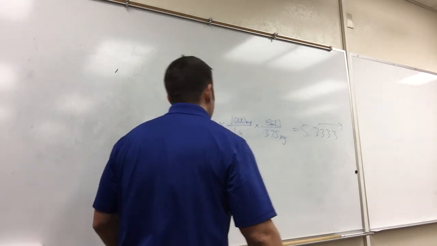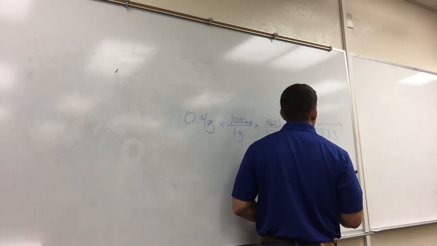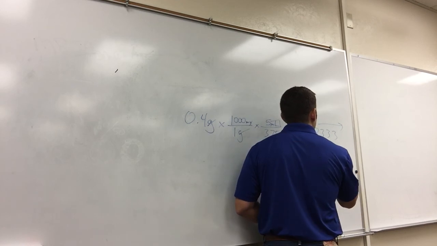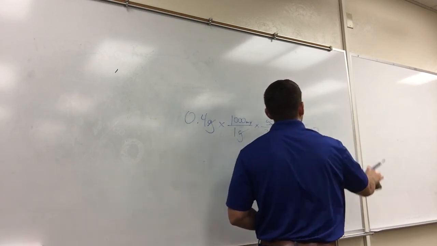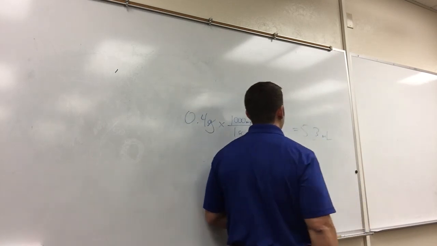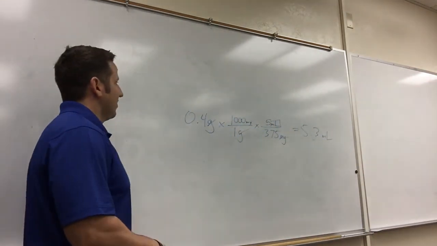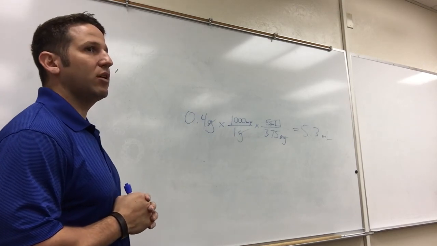So let's round it to a single decimal place, which would be 5.3. So what's my answer going to be? 5.3 mLs. Yes. Half credit, you almost got half credit right now. Okay, so 5.3 mLs.